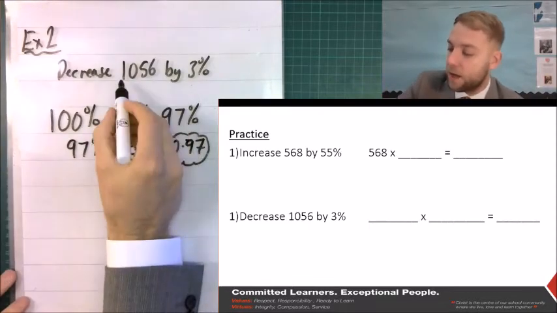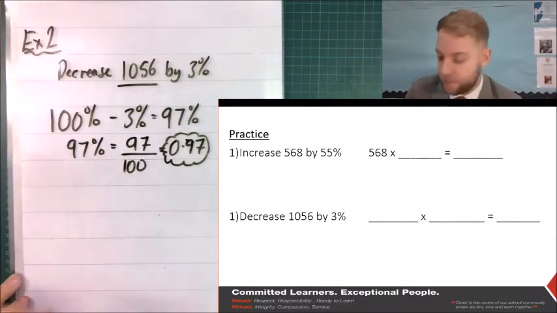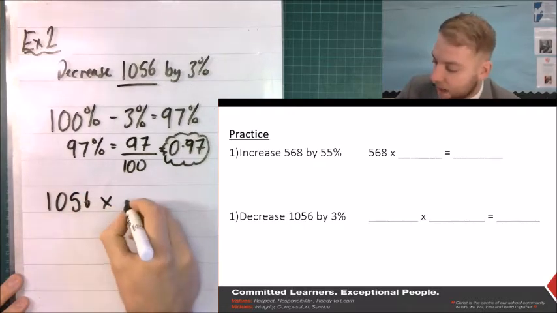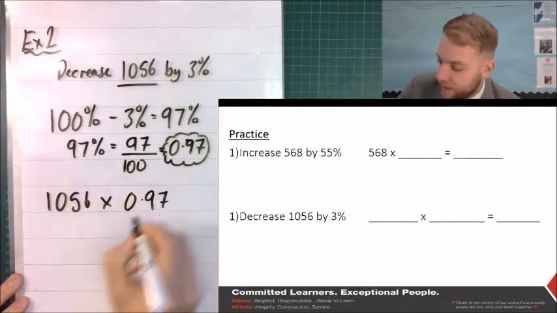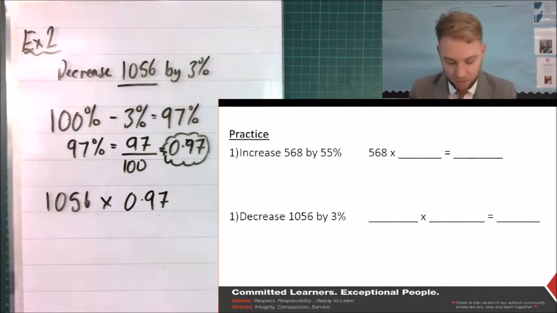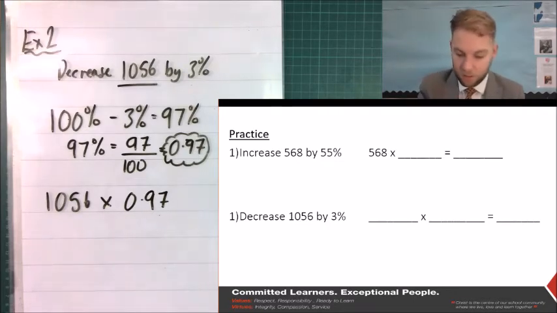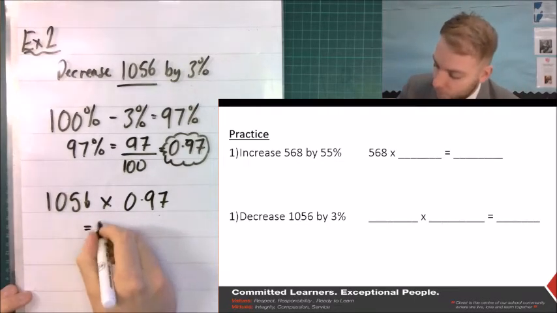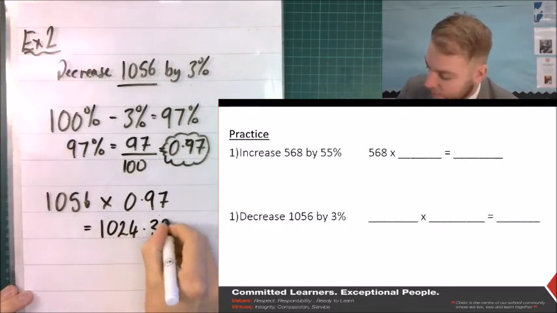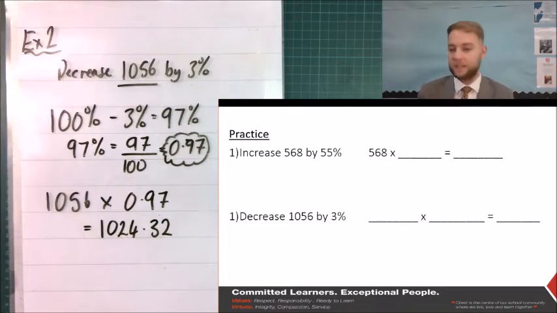So if I want to decrease 1056 by 3%, it's going to be 1056 times by 0.97. This is our decrease of 3%. So 1056 times by 0.97 is equal to 1024.32. Brilliant. That's example 2.